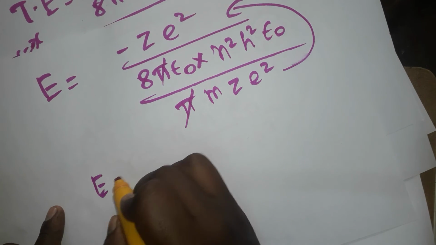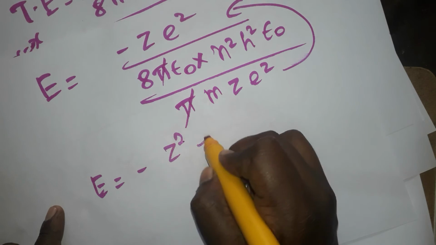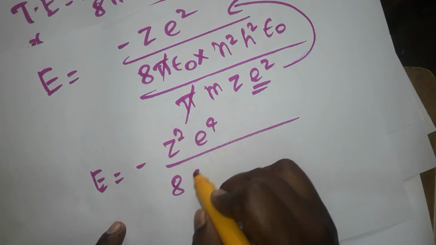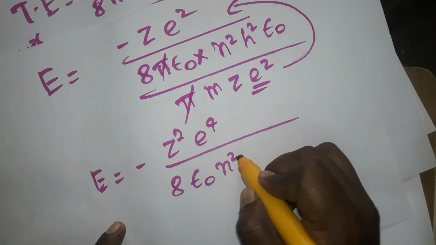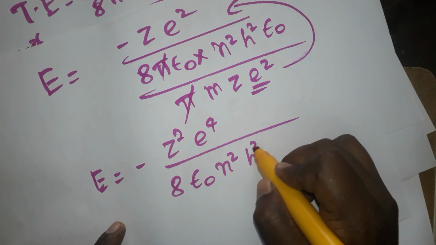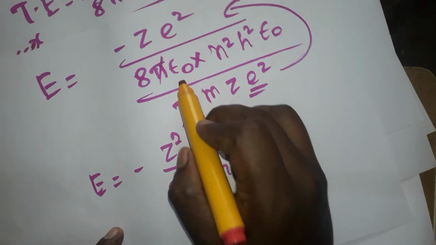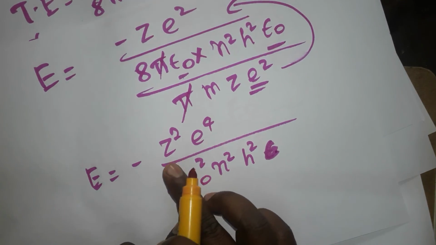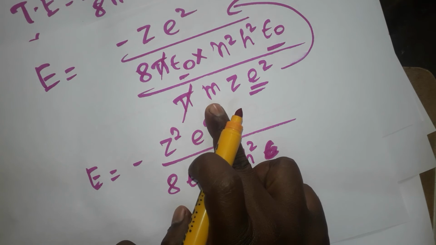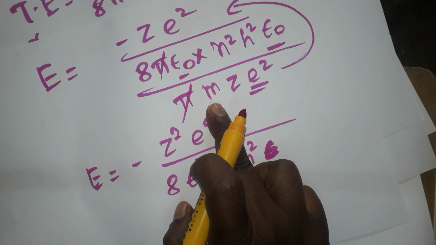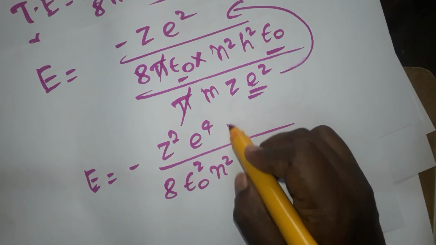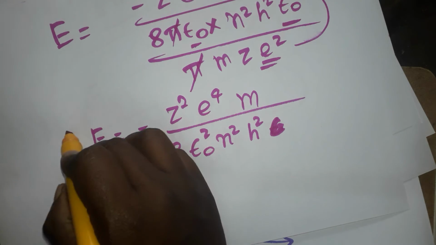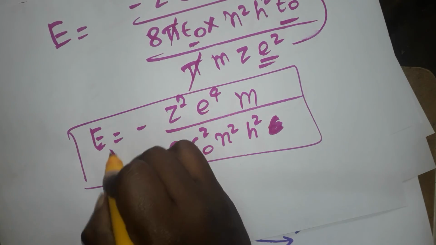So E is equal to minus z square e power 4, because e square four times, divided by 8 epsilon naught square n square h square. We get epsilon naught square. Now z square e power 4, and m, the mass of the electron, also comes in the numerator. So like this I got the energy for the nth orbit.